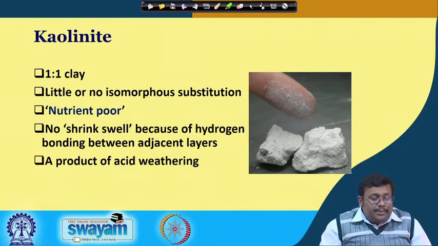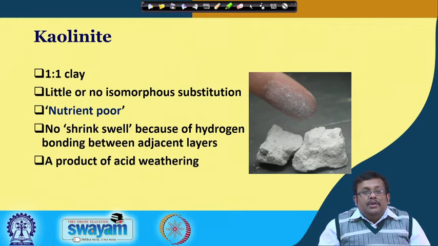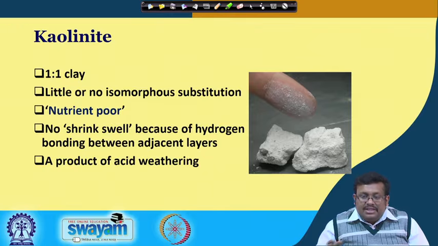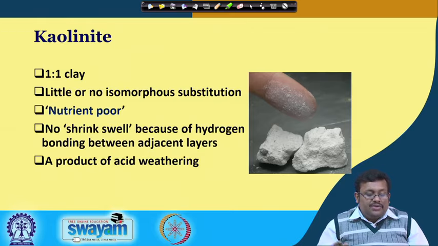So, let us go ahead and see some properties of kaolinite. Obviously, in the case of kaolinite, there is no isomorphous substitution. Remember that it is very important. In the case of kaolinite, we cannot see any isomorphous substitution.